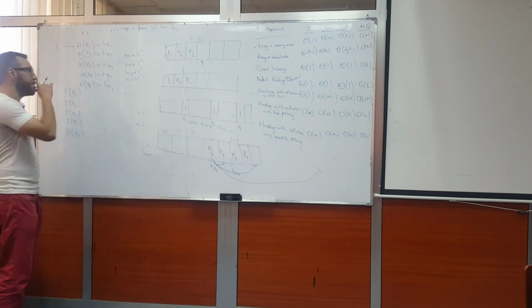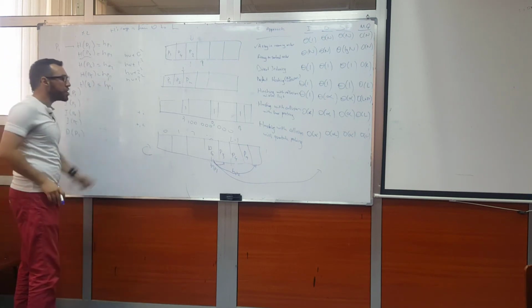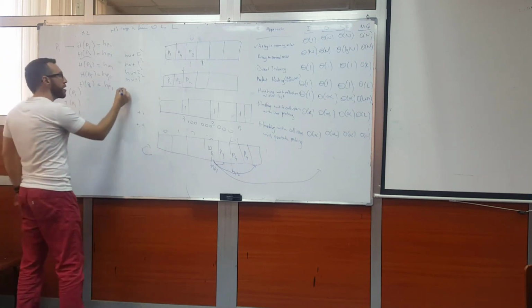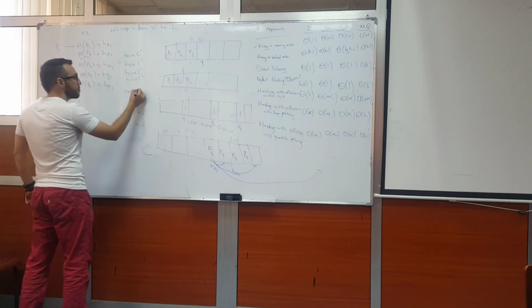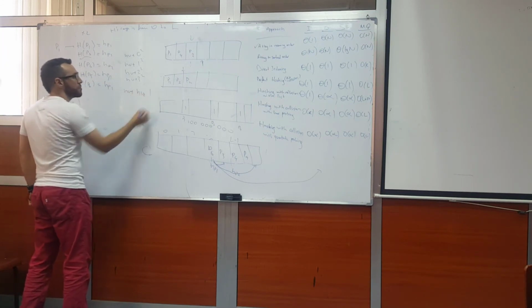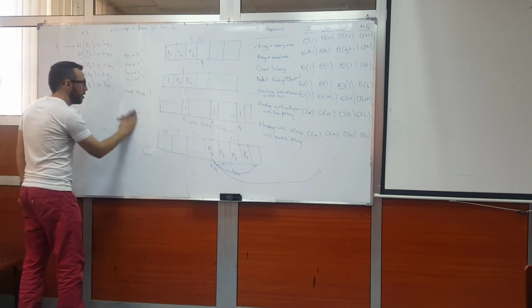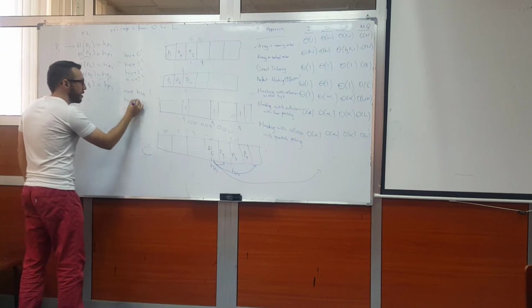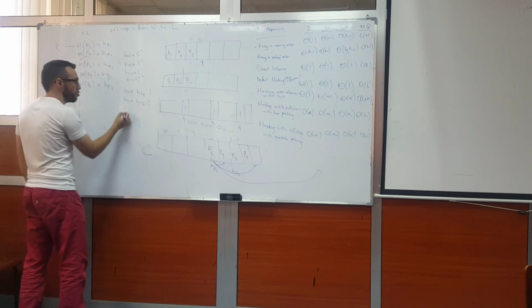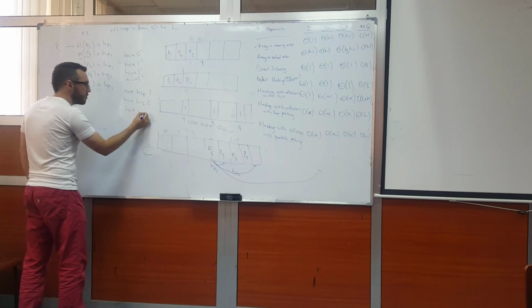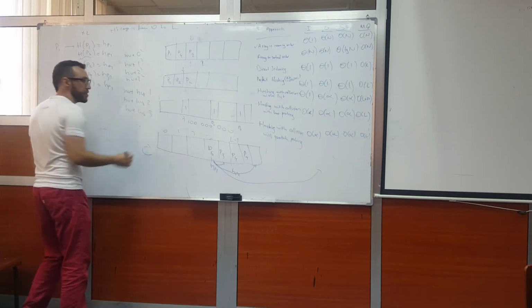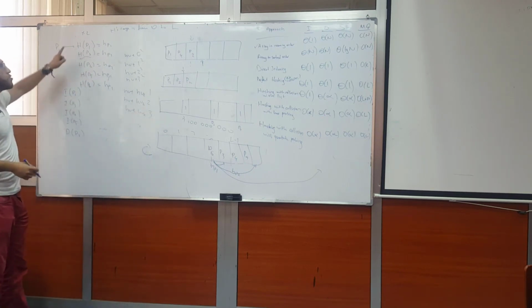So basically, instead of calculating our hash value like this, what we do is HV plus HV2 times 1, HV plus HV2 times 2, HV plus HV2 times 3. So we introduced another hash function.